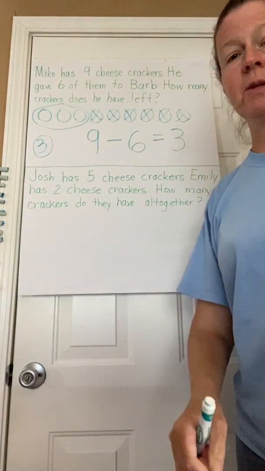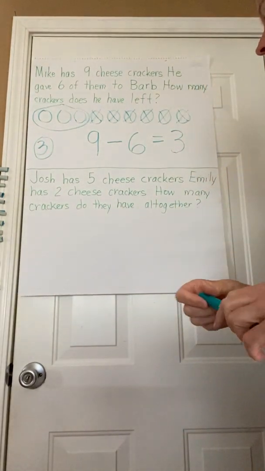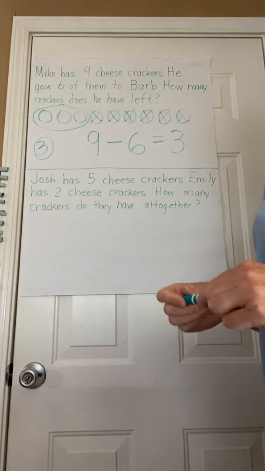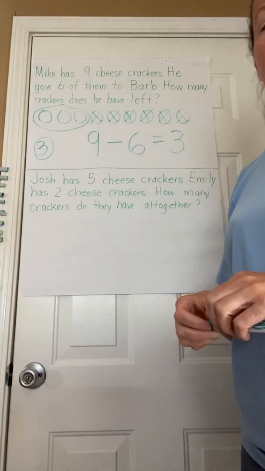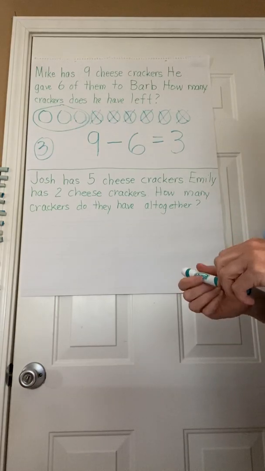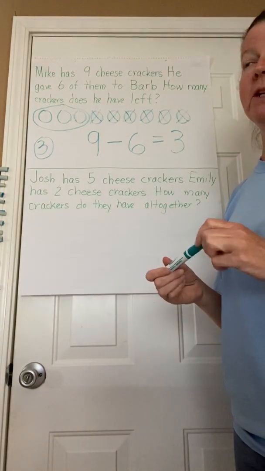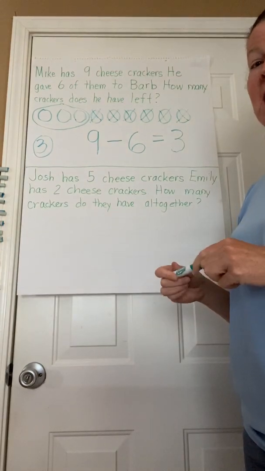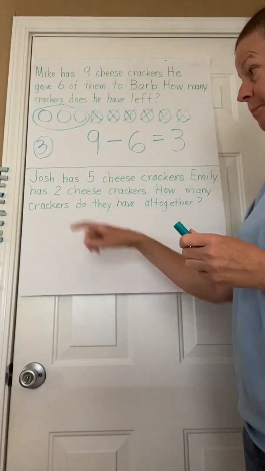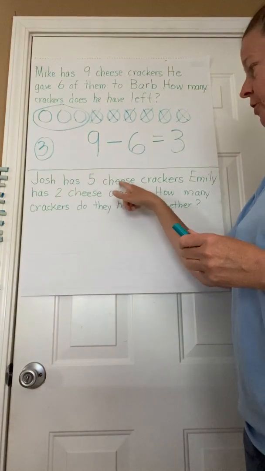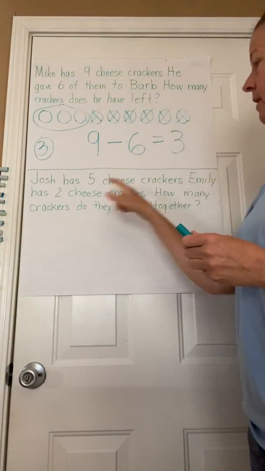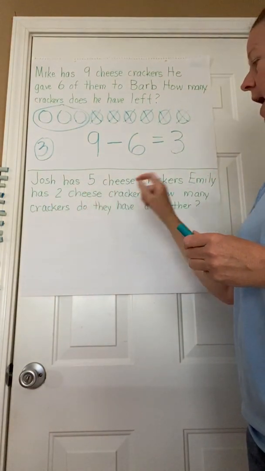Now we'll go ahead and do the problem at the bottom, which is going to be an addition problem. And the way that we know that, let's see if you can figure out how we know it's going to be an addition problem. I'll read it to you. You can read along with me if you can. If not, just listen. Josh has 5 cheese crackers. Emily has 2 cheese crackers.